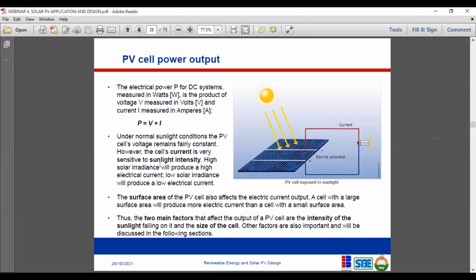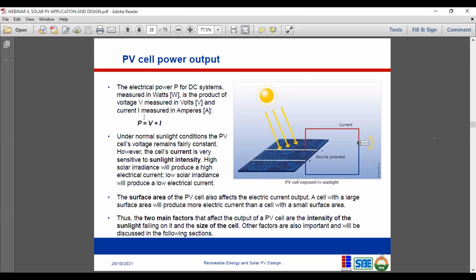High solar irradiance will produce a higher electrical current. Low solar irradiance will produce low electrical current. Once the sun comes out, this voltage is almost constant. But this current I depends on the intensity of the sun.